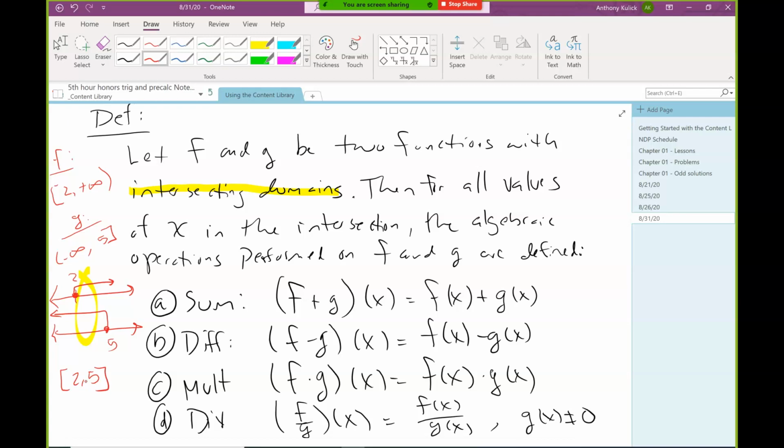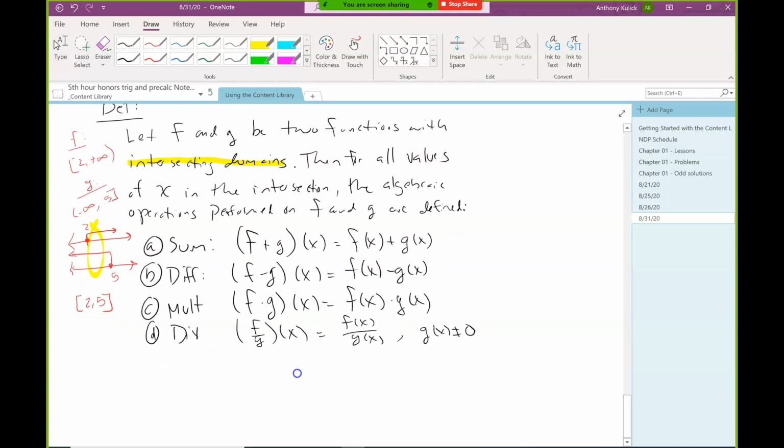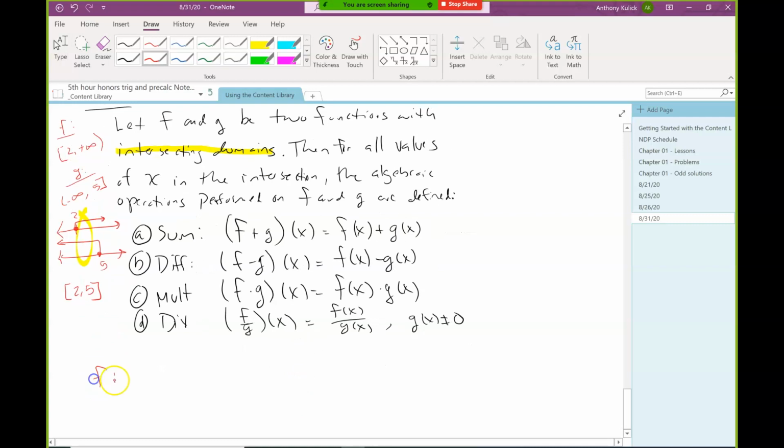Everybody's okay with that idea? That's what we mean by intersecting domains. Why would it be important that the two functions have intersecting domains in order to add, subtract, multiply, or divide them? Well, let's suppose they didn't.